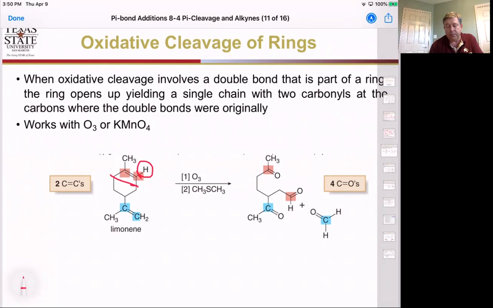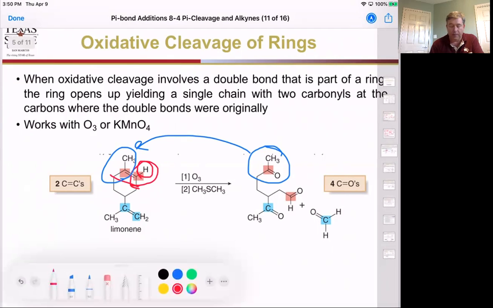So that means this portion here is going to oxidize down to a carboxylic acid, probably, or an aldehyde first. Then this one right here is disubstituted, so it's going to turn into a ketone. So this right here is the functionality from this portion.